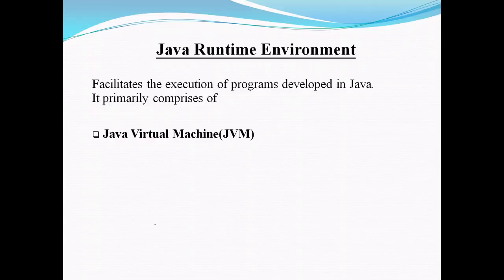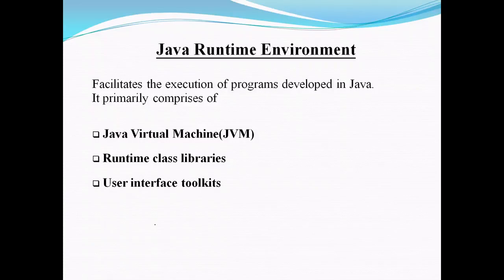JRE also contains runtime class libraries. These are a set of core class libraries that are required for the execution of Java programs. So there are some runtime class libraries which can also be used during execution of your Java program. These libraries are also part of JRE.